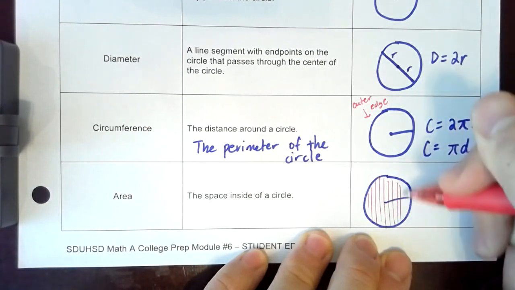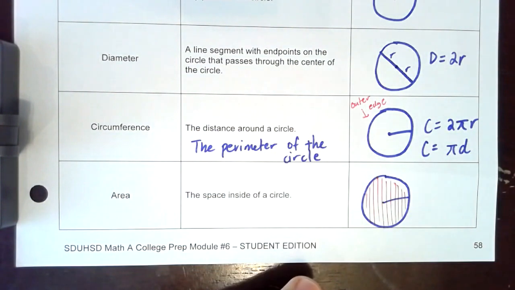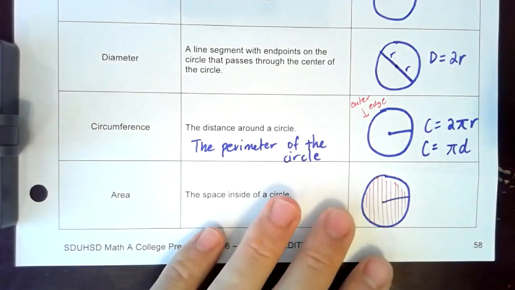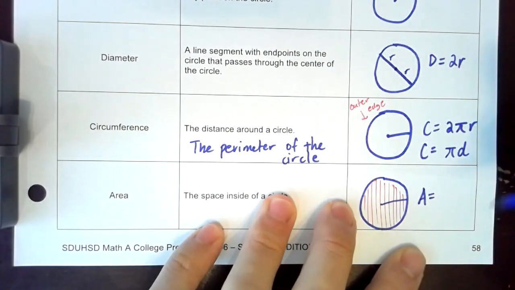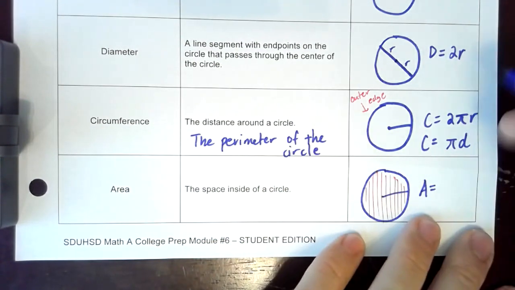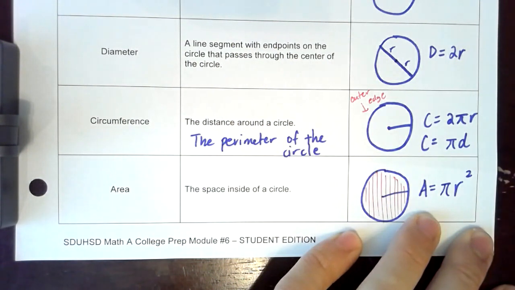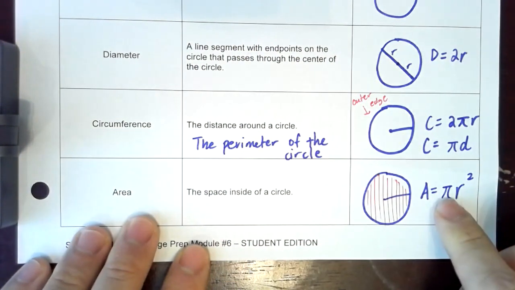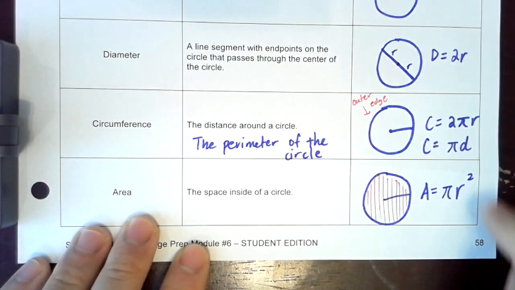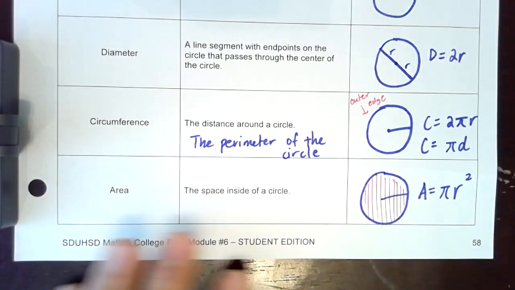The area of a shape is always the space in between the closed boundaries of the circle or shape, and the area is going to relate with pi, and I'm just going to go ahead and give you the formula right now. You'll learn it later. We're going to do this a lot in 8th grade, but it's pi r squared. So in other words, it's pi times the radius times the radius.